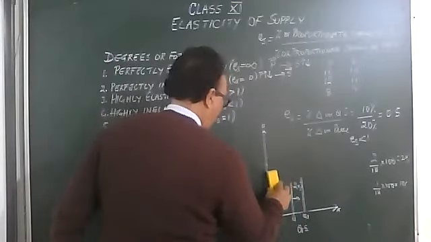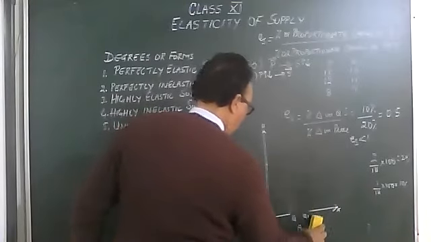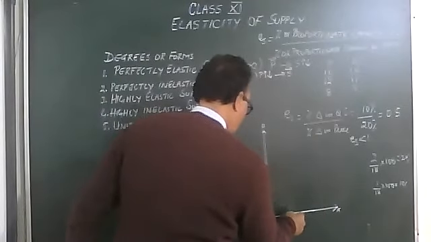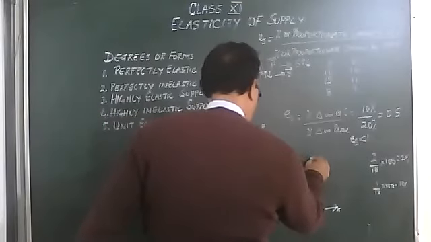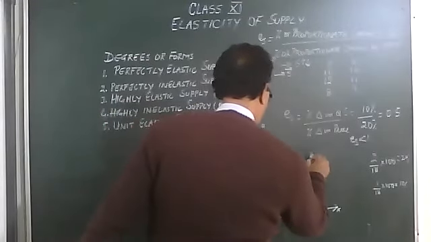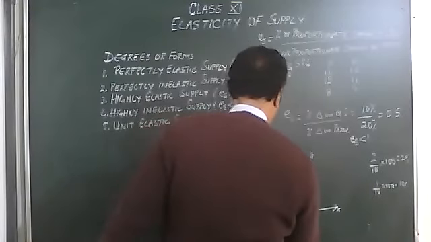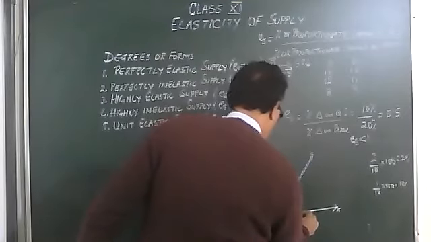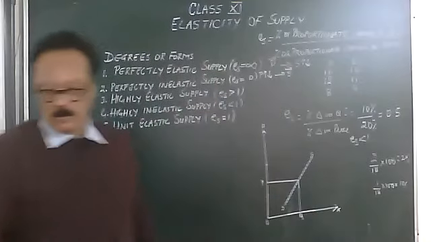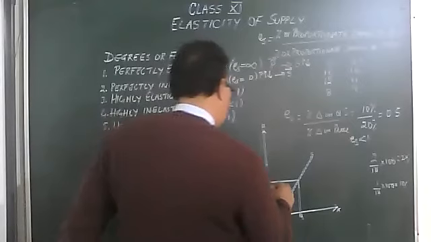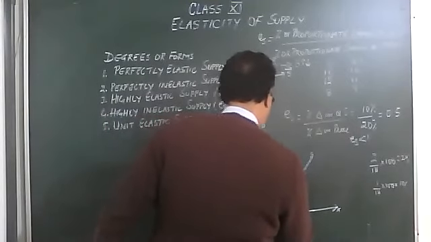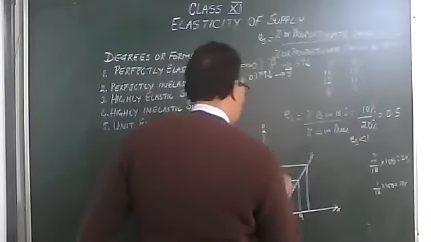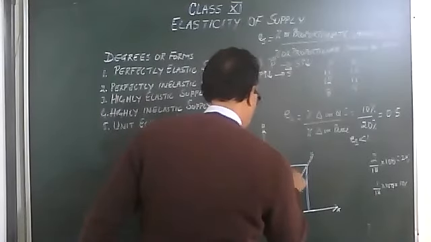Diagram. This supply curve, with Q and price, price increases. The price is more, 20%.